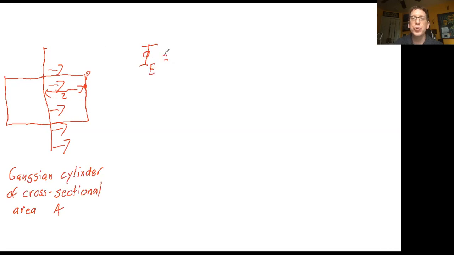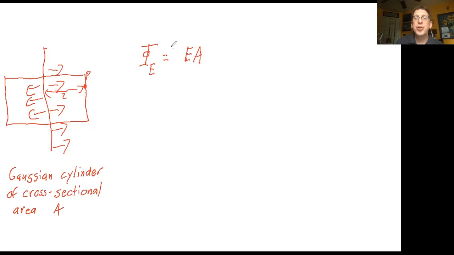So we know that the flux is equal to the electric field multiplied by the cross-sectional area A. So the electric field going through this flat surface multiplied by its cross-sectional area, but you have a mirror image, so you have to take into account the flux on the other side as well. And remember, the electric field is always going to point out if you've got positive charges on the flat surface. So whatever charge you have here, if it's pointing out at this surface, it's going to point out at this surface as well.